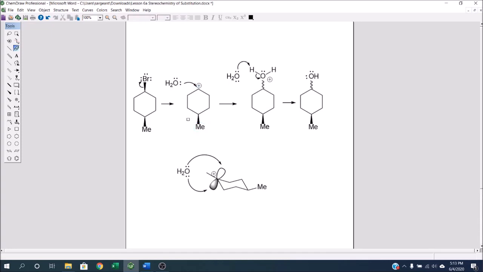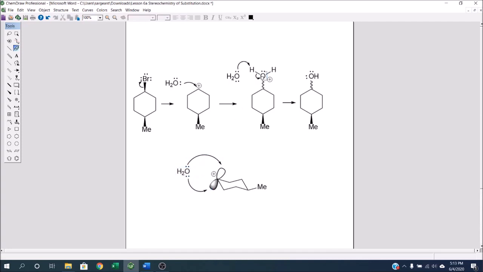cyclohexadienyl anion, or cation, I think is what they call that. But this carbon right here on this side is an sp2 hybridized carbocation. That carbon right there is sp2 hybridized, and there's an empty p orbital. And when the water comes and sticks to it, which is what that mechanistic arrow is showing right there, the water can come into either side of that p orbital.